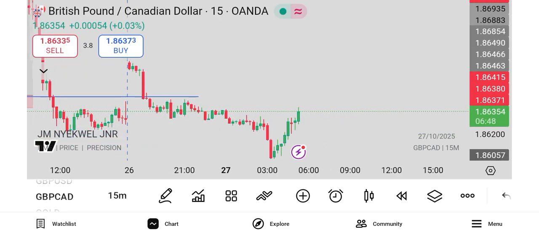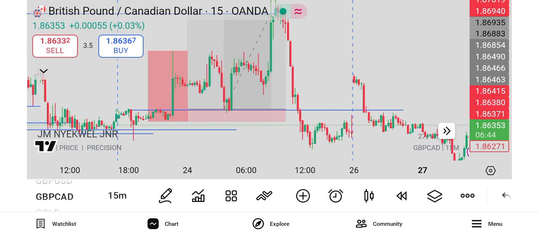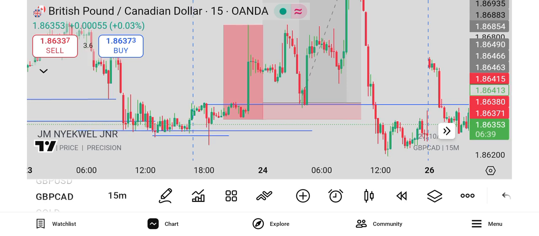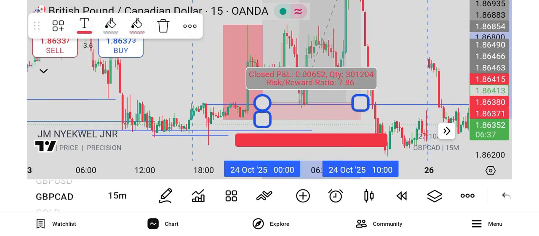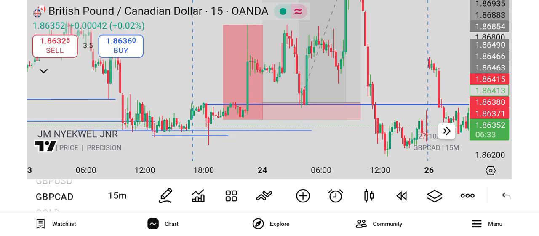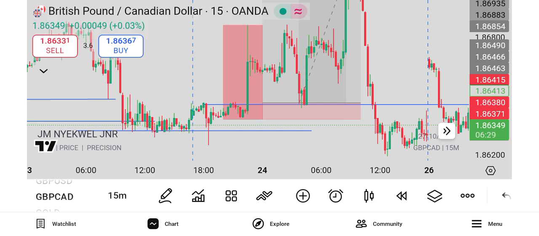Zoom it in. Yeah, it's 15-minute time frame. You see, this was a rejection block. This one, leave alone this. That was the liquidity which was taken.